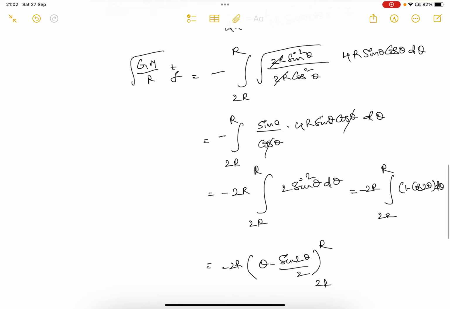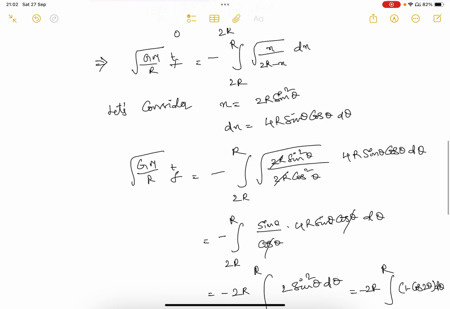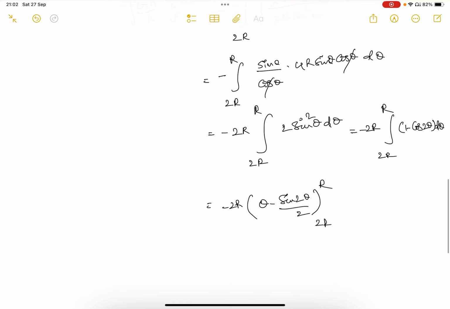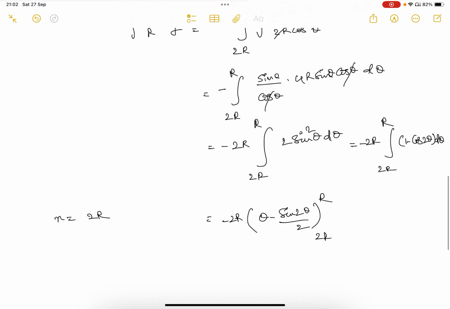Right? As now we need to do this. Here we have substituted x equal to 2r sine square theta, right? That implies sine square theta is x by 2r.